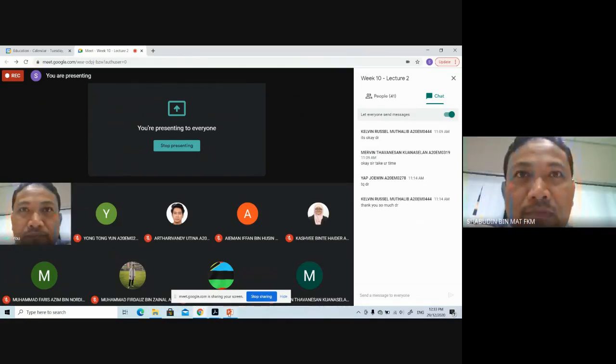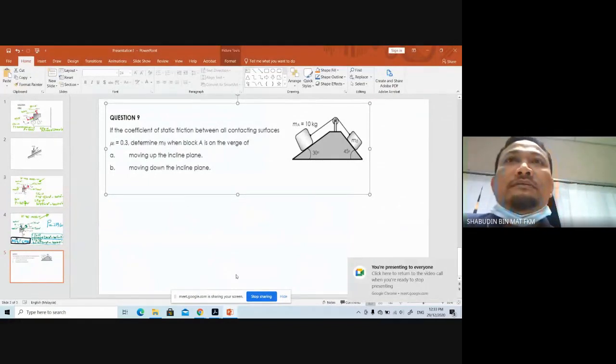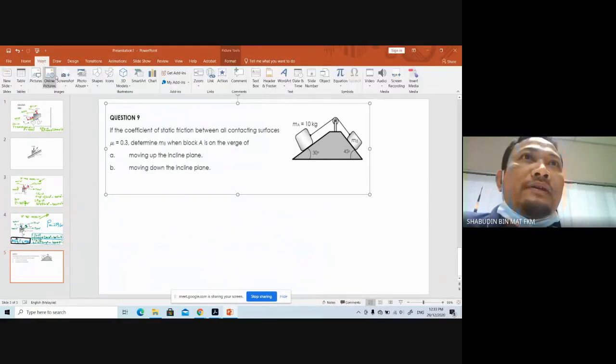Okay, look at me on how I solve it. So easy. Draw the free body diagram of the first structure. I try to do the first part, you do the second part.